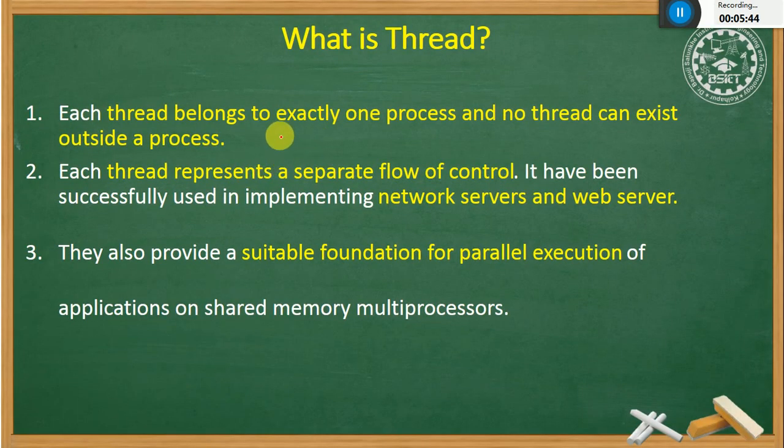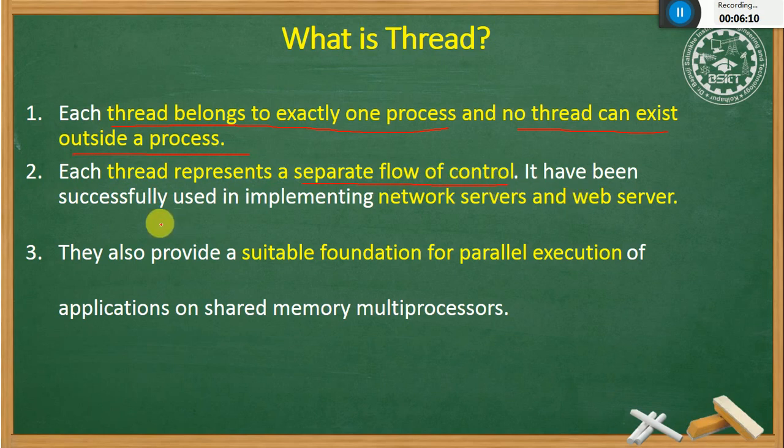Next, the features of threads: a thread belongs to exactly one process. It means a single thread belongs to one process, and no thread can exist outside the process. So a thread is a part of the process. Next important feature: a thread represents a separate flow of control.